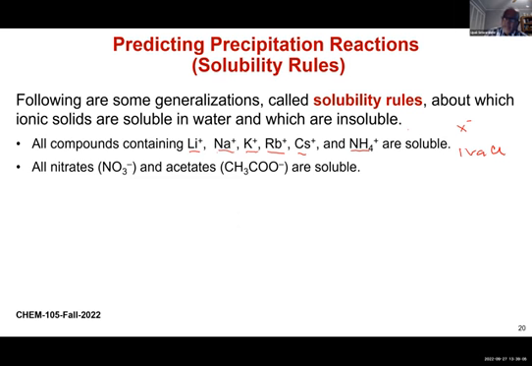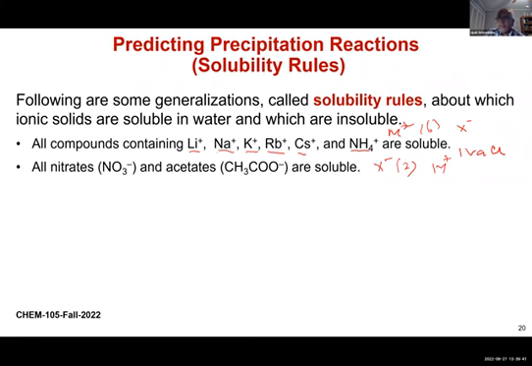Another rule applies regardless of what the M+ cation is. There are two anions that, when found in a salt, make it soluble.